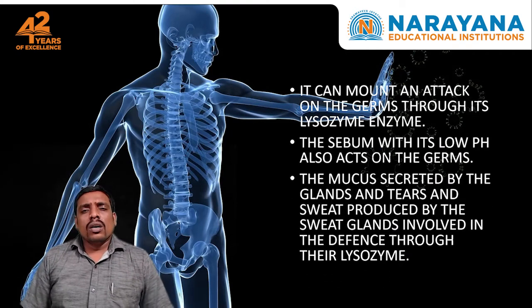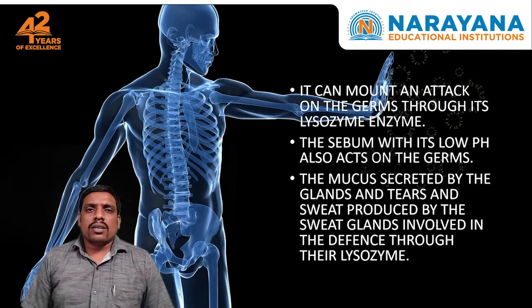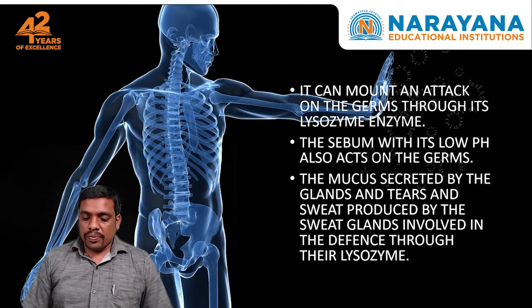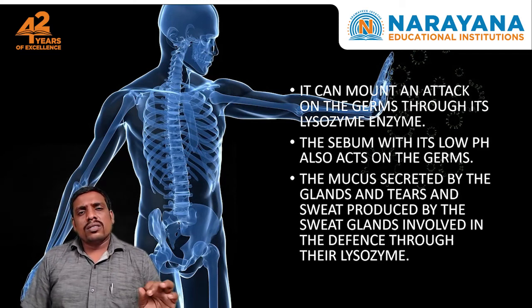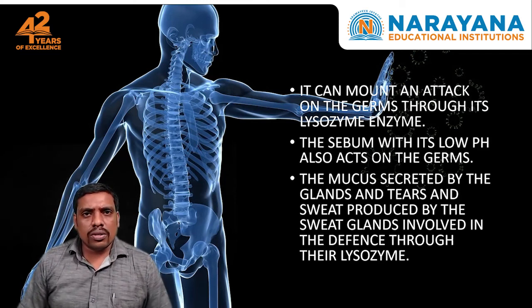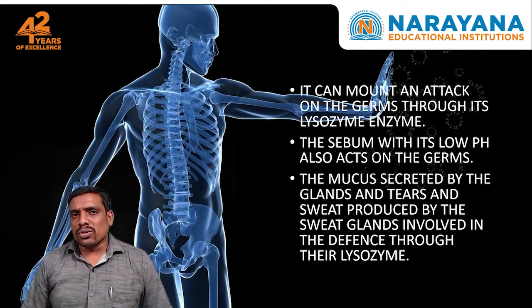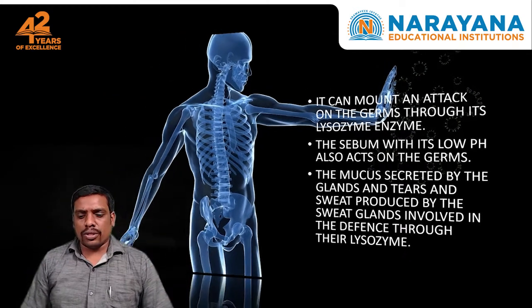Now, the mucous membrane secreted by our gastrointestinal tract and produced by our respiratory tract can neutralize the action of these pathogens. Even the tears and the saliva of our digestive system produce the enzyme lysozyme, which can kill or neutralize all kinds of pathogens.